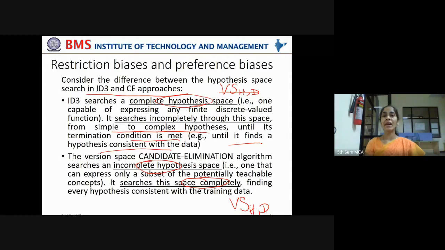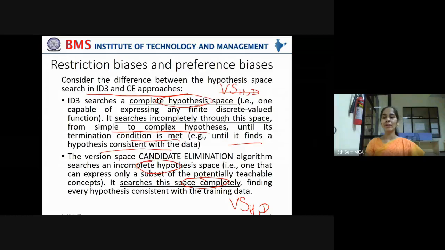It may not contain the target function, but it searches through the hypothesis space completely, so that it will eliminate any hypothesis that is found to be inconsistent with the training examples, right? That is what is called restriction and preference bias. We are entering into that area now, okay?